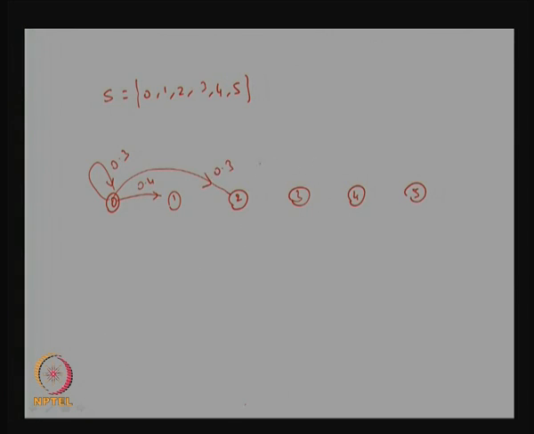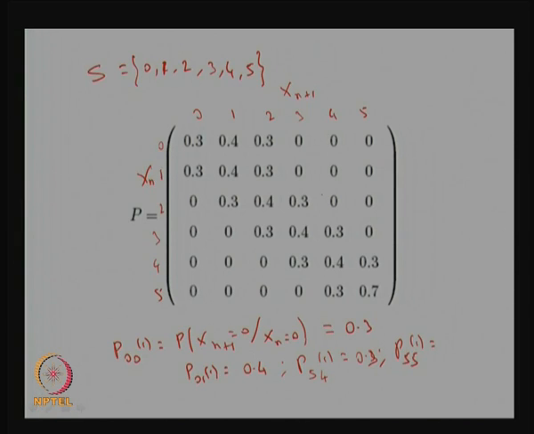Similarly, I can fill up all the other arcs, and 5 to 5 is very important. 5 to 4 is possible with probability 0.3, and 5 to 5 is possible with probability 0.7. So, this is the state transition diagram. I did not complete it. We have to fill up all the arcs with the weights going from one state to another with positive probability. Wherever the probability is 0, we should not draw the arc.